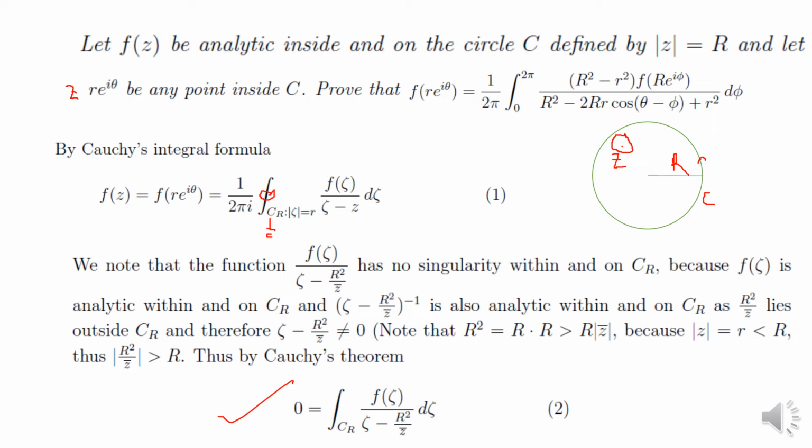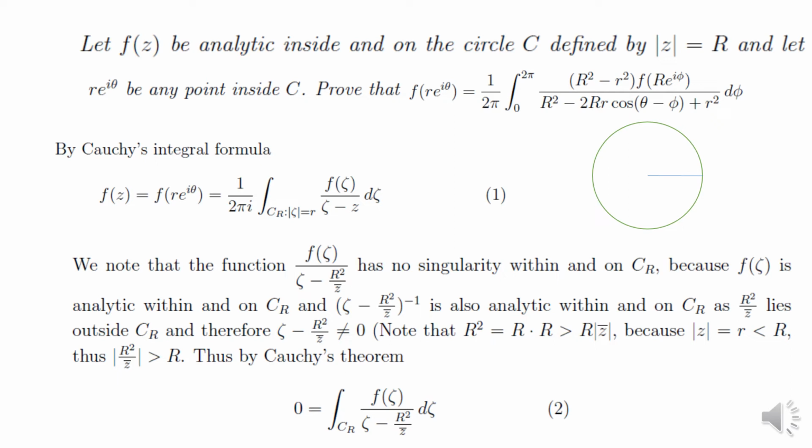What is it basically? We said that R²/z̄ is outside the circle C, and therefore the function there won't exist, so it will be 0, and that is why we got equation 2.